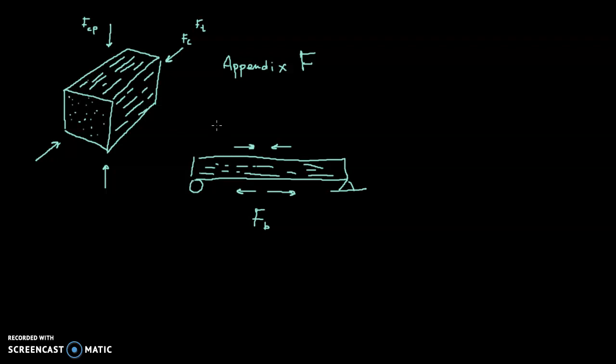And then the last one we'll have to check, which is perpendicular to the grains, is the allowable shear stress in a beam. Depending on the species of wood, in our Appendix F we have Douglas fir, southern pine, hem fir, eastern white pine, redwood. They all have different allowable stresses. So we'll have to check Appendix F, depending on what species of wood we're dealing with, for allowable stresses, and also the modulus of elasticity, E, varies depending on the species of wood.